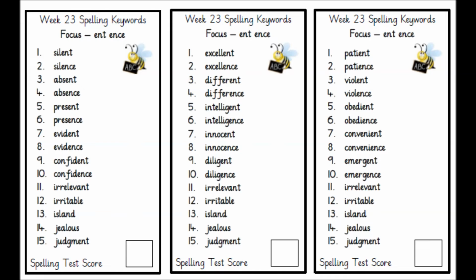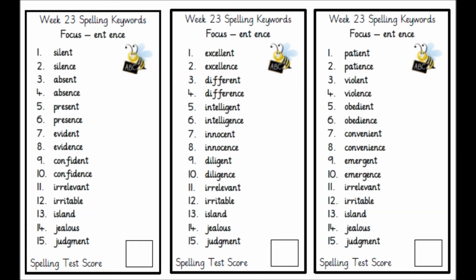Okay, island. That S is silent. We don't say island with an S, we say island. I'm sure it's a word that you've seen often enough, but perhaps you haven't thought much about the spelling. Maybe when you've been shopping and you have seen River Island. Jealous. I'm going to come back to jealous because I'm going to give you a description of what the word jealous means and how it is different from envious.